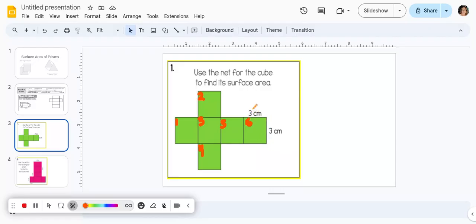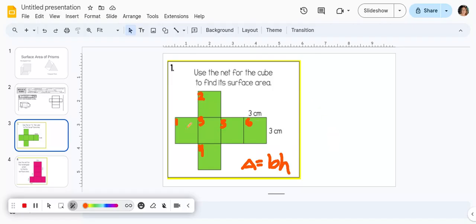Again, I know all of them are 3. My base is going to be 3. My height is going to be 3. If I'm dealing with a cube or a rectangle or a square, my formula is going to be A equals B times H, base times height.